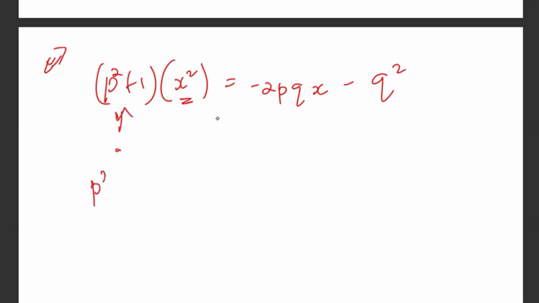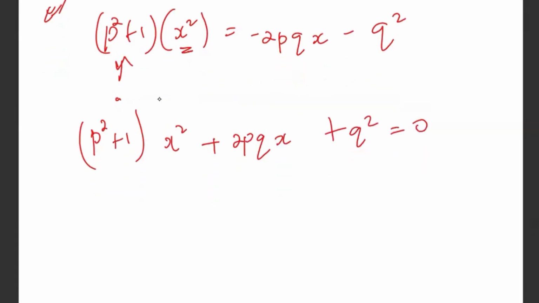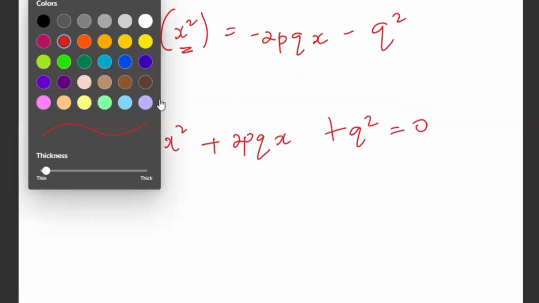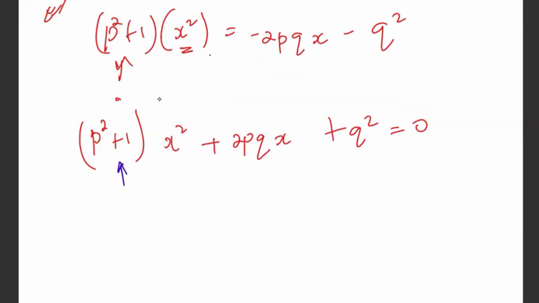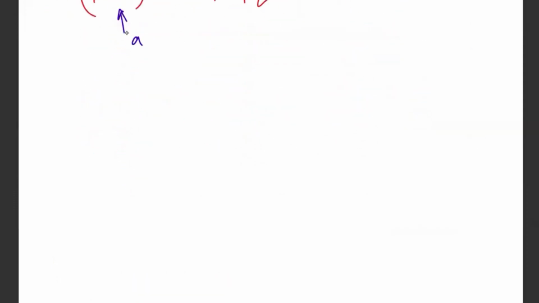So I'm going to have p squared plus 1 into x squared plus 2pq with x, and then plus q squared is equal to 0. Let's break it down. This is our a, this whole part is our b, and this is our c. Now for the roots to be non-real, the discriminant must be less than 0.